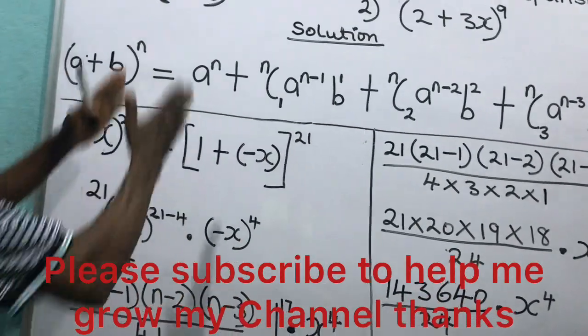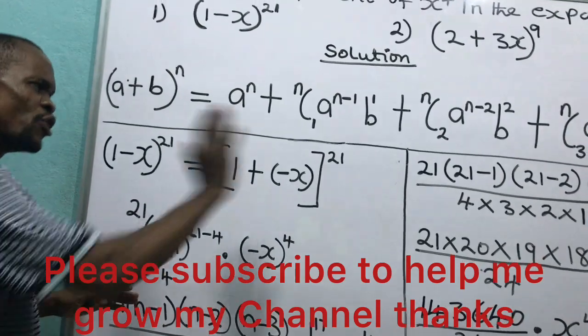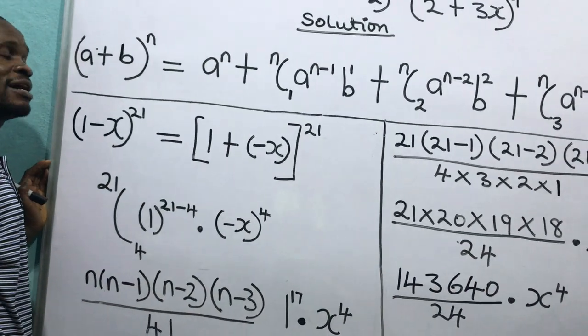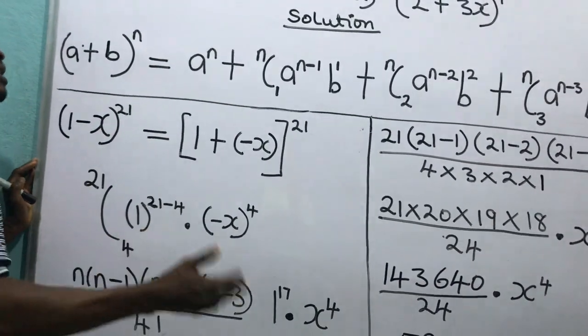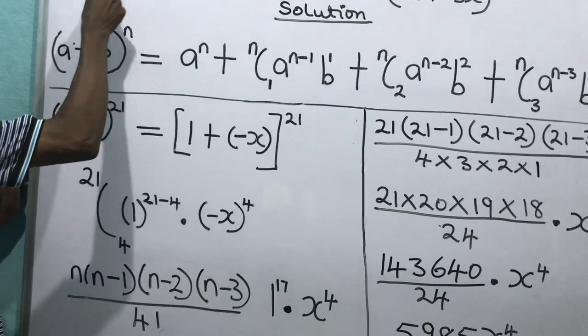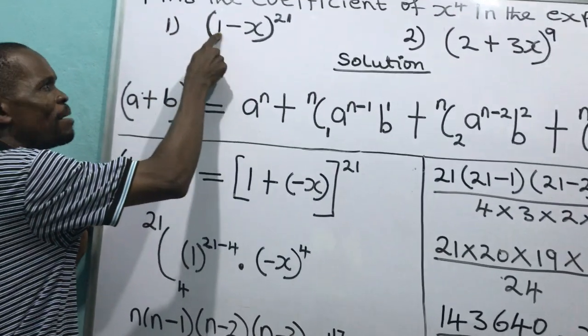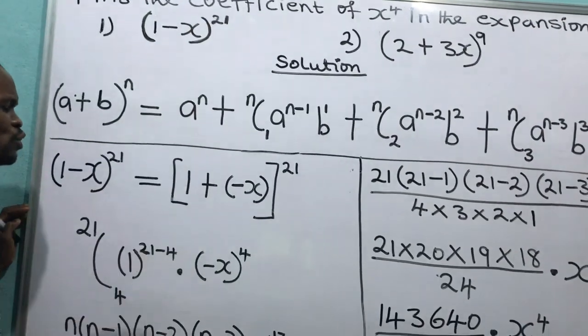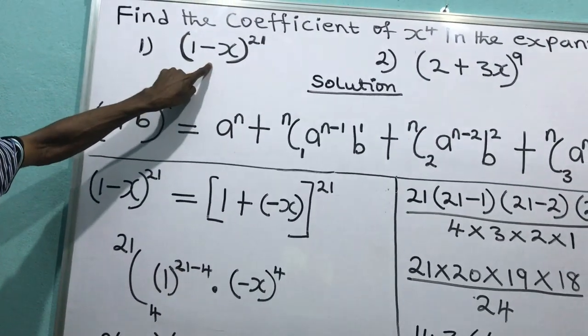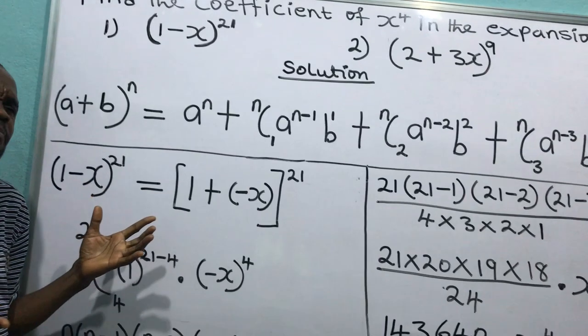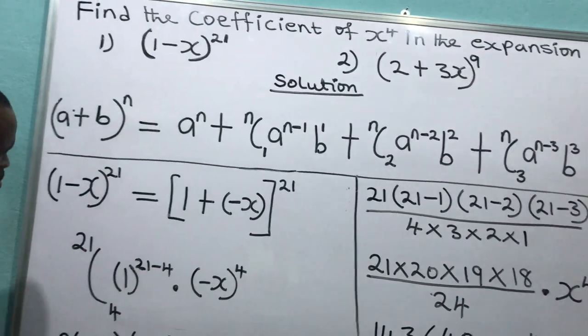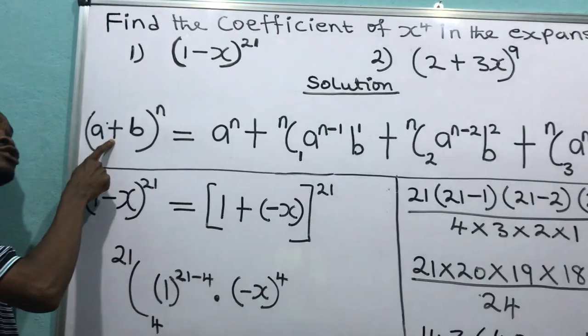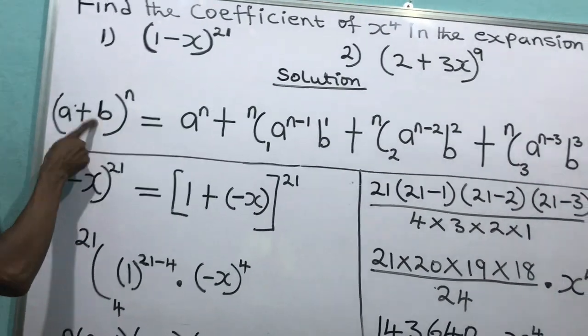Now I've gotten this from the binomial formula. The question given to us is (1 minus x) all raised to power 21, and this is not in the binomial format. What is the binomial format? I told you that the plus is constant, while A and B are variables.